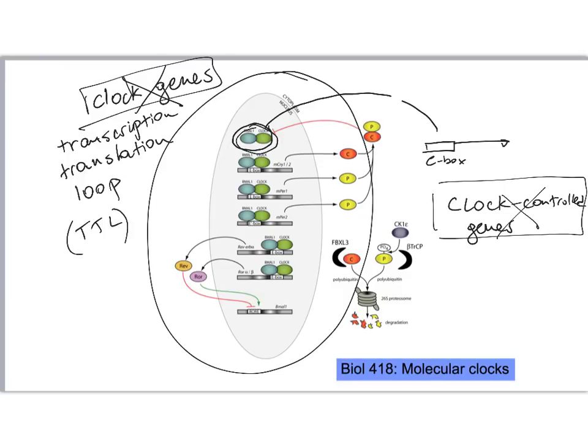Another thing to put in the broader context is that although this is the main way in which most circadian clocks are made, with a TTL, there are other mechanisms to generate circadian rhythmicity, and you've already seen one in the Tomita paper, in which they demonstrate that there are circadian clocks that do not rely on transcription and translation, but only on cytoplasmic changes in post-translational modification of proteins like phosphorylation.